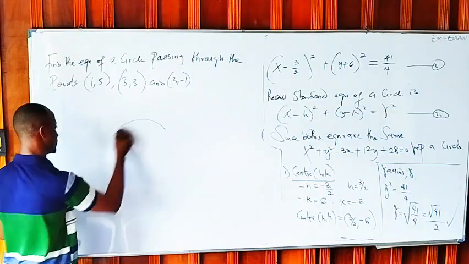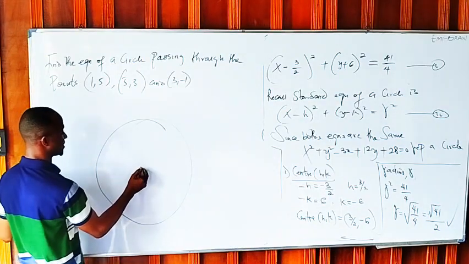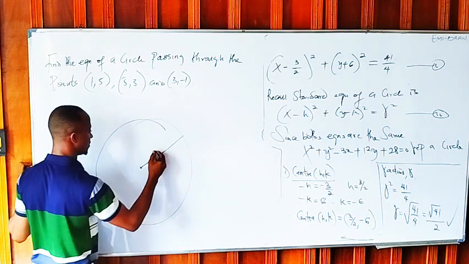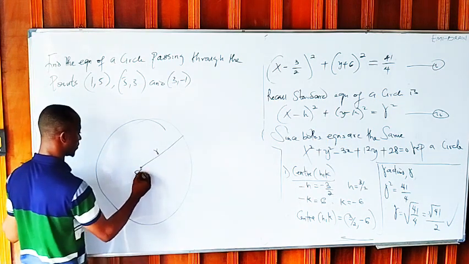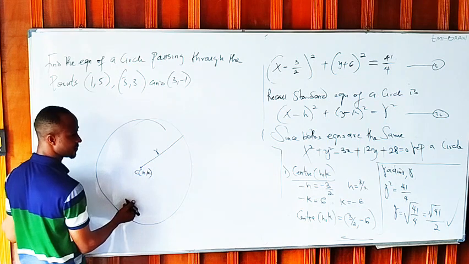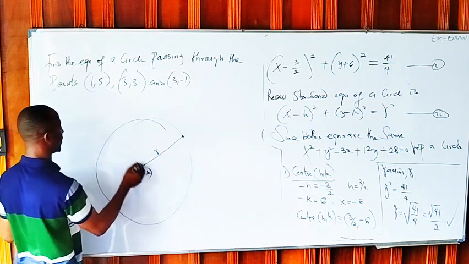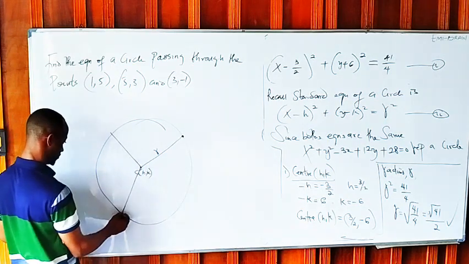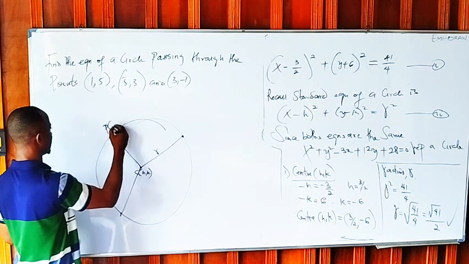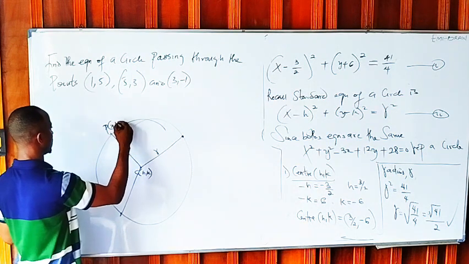It's like a circle that has a center and a radius. The center is h, k. But this circle has several points. We have our first point, which is x1, y1.